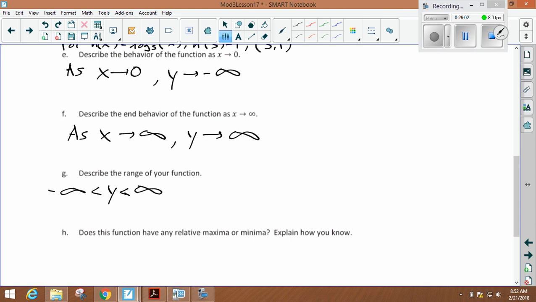We could also write that as the interval from negative infinity to infinity. We can't include infinity at this point because technically, for the math that we're using right now, you cannot reach infinity. There is a person that discovered a form of mathematics in the 1960s, and he discovered that indeed you can reach infinity. So, well, we're just going to do it this way.